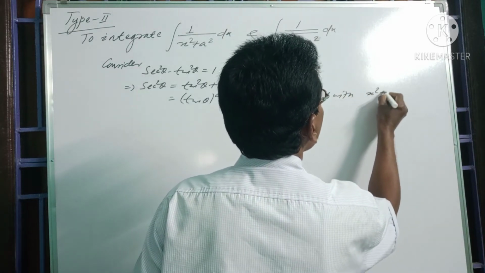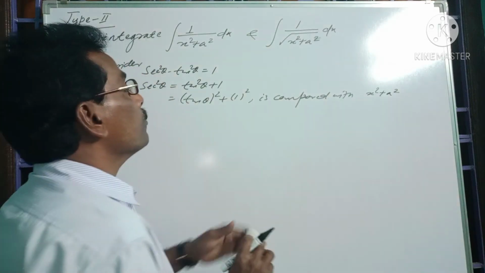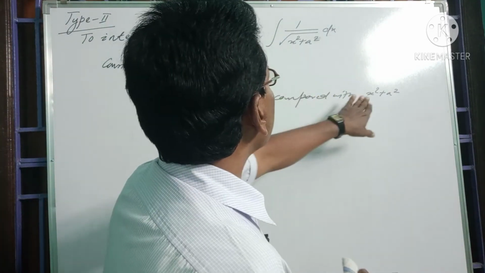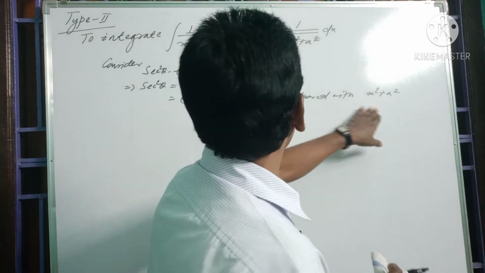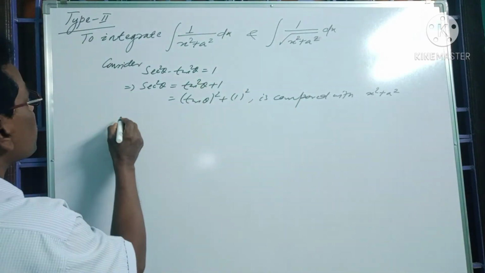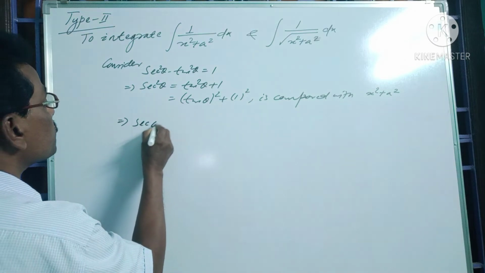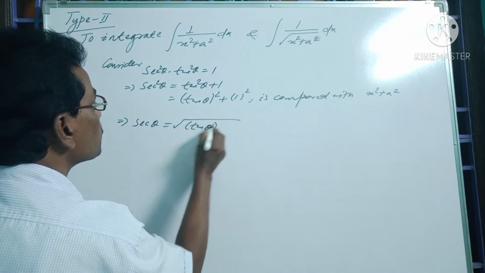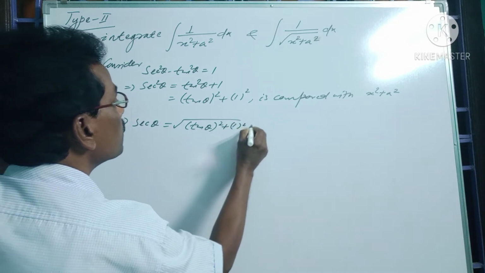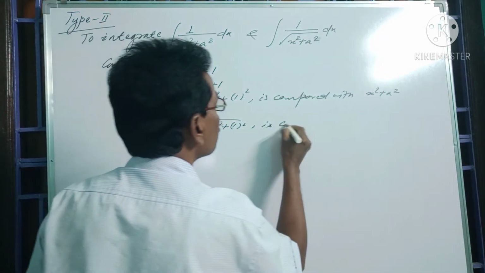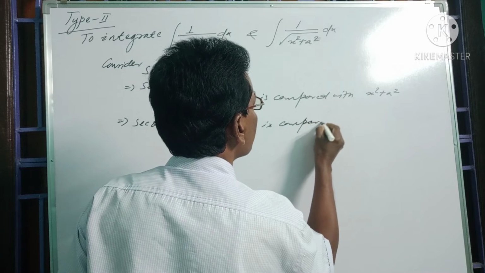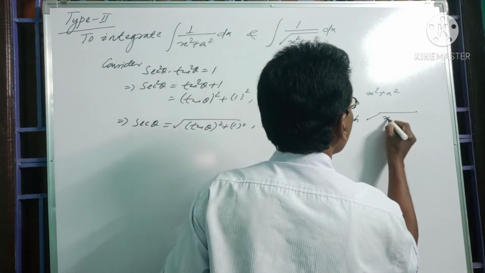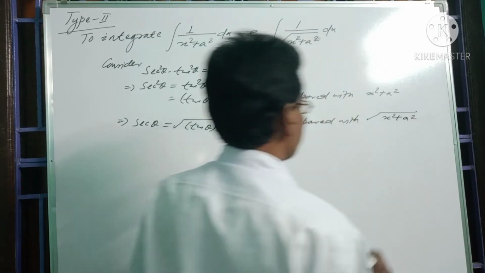x square plus a square. Here we can take x as tan theta and a as 1. So x is compared with tan theta and a is compared with 1. So again simplifying we have sec theta is equal to root over of square of tan theta plus square of 1, which is compared with the irrational form, that is root over of x square plus a square.